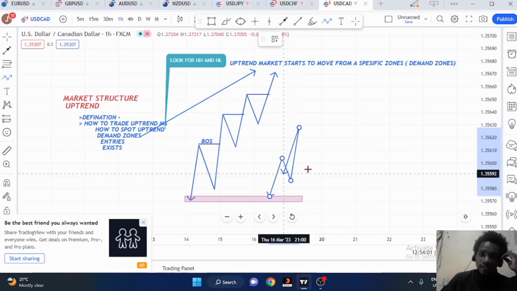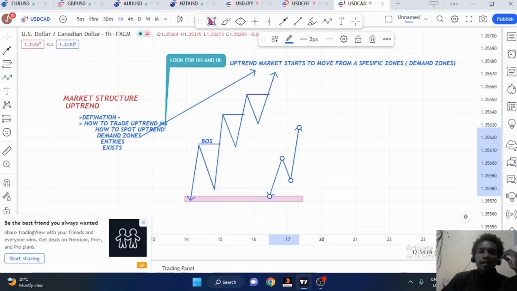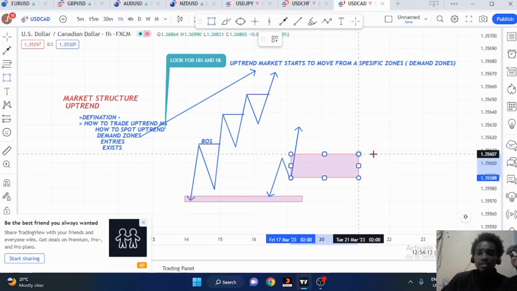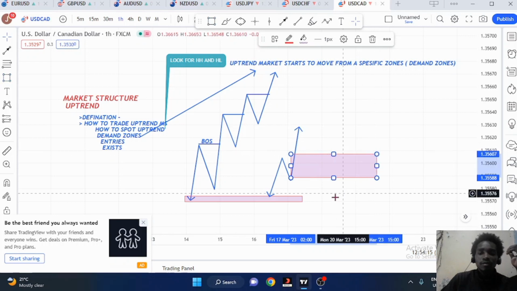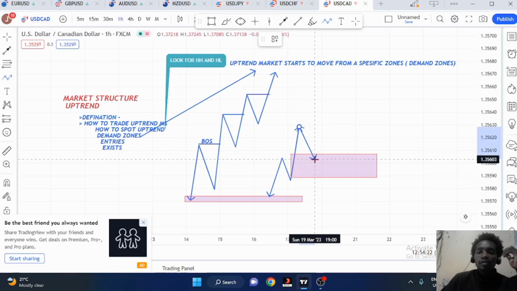So I have already identified a certain zone here, maybe a demand zone. That is now my demand zone. So I'm waiting for this market to make a pullback here.